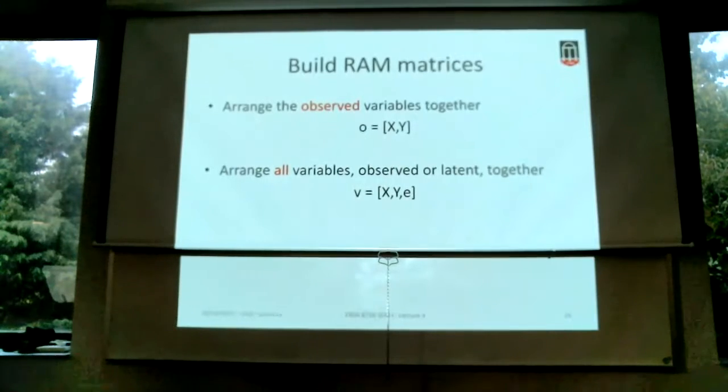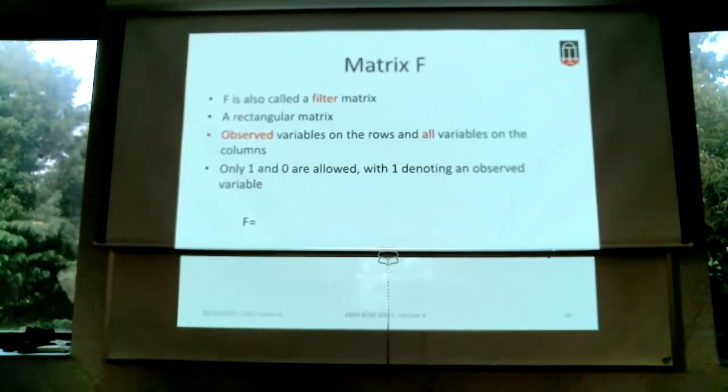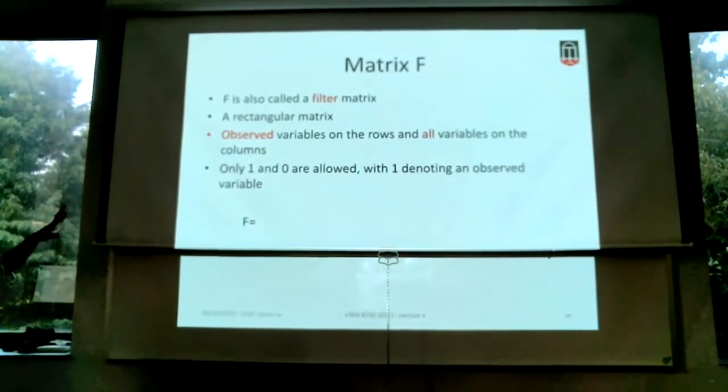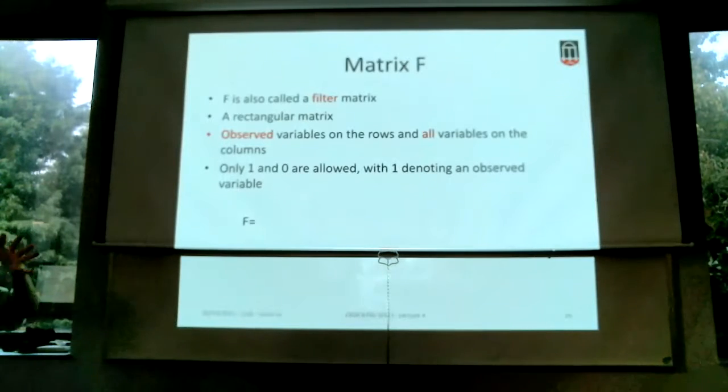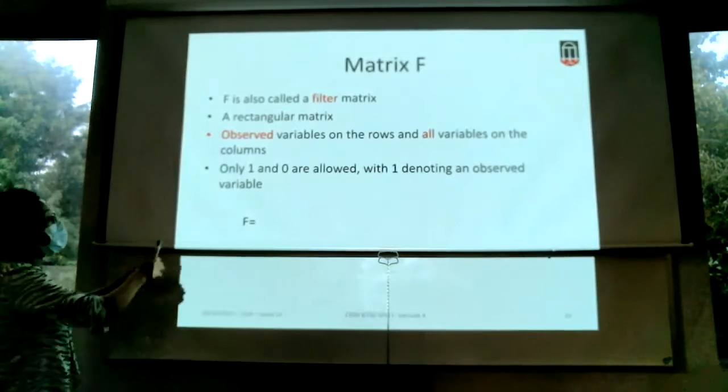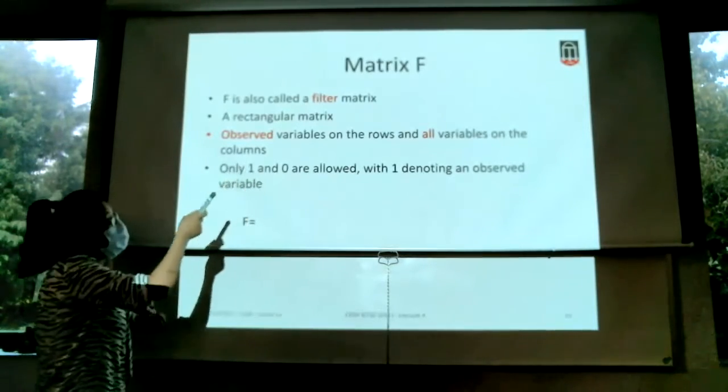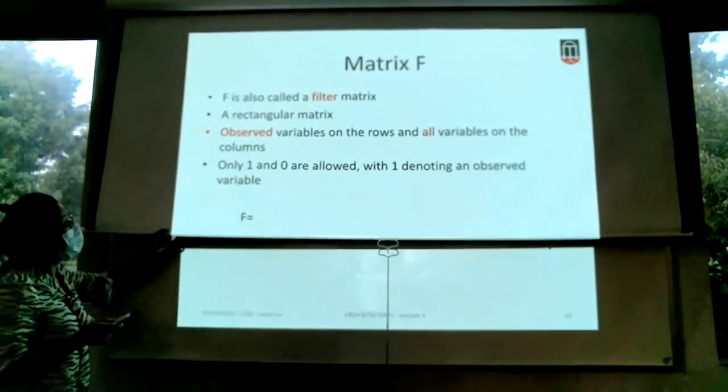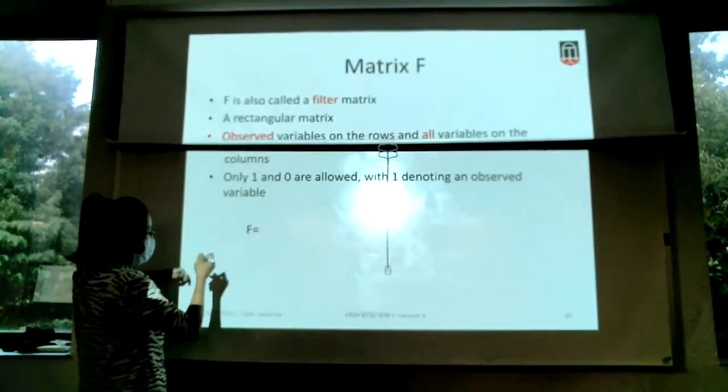Now, in order to create the F matrix, we have some rules. First, F is called the field matrix, the first letter of field. It's a rectangular matrix. Observed variables are on the rows and all variables are on the columns.